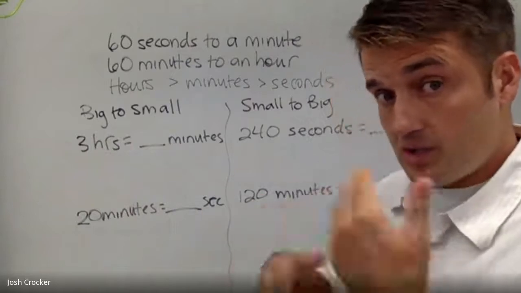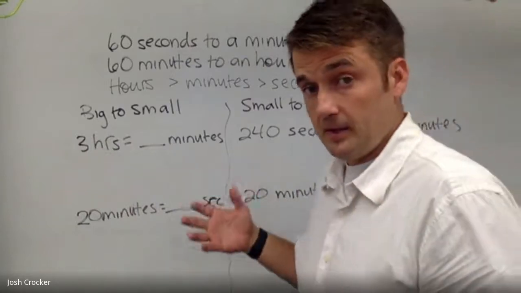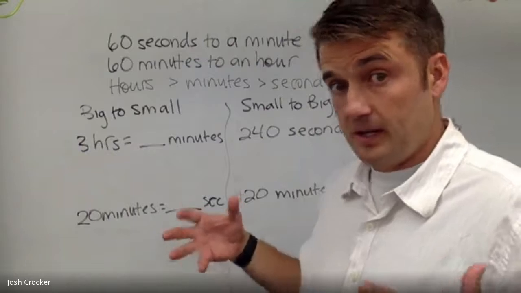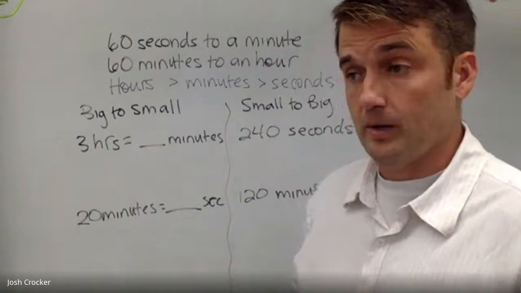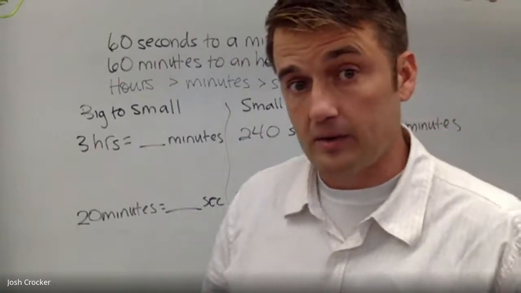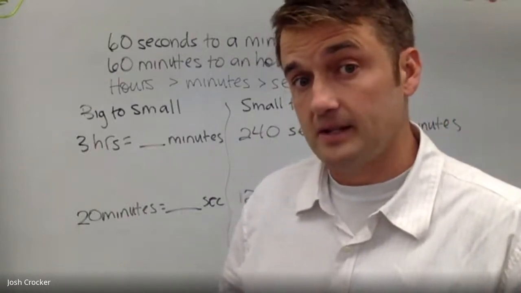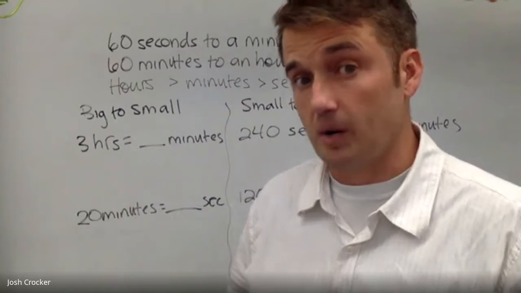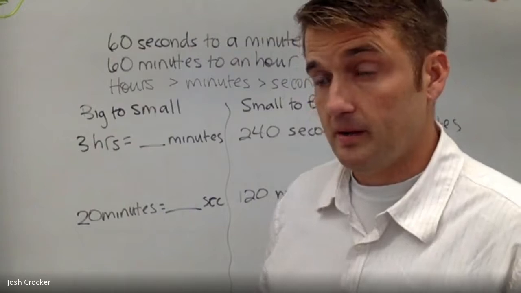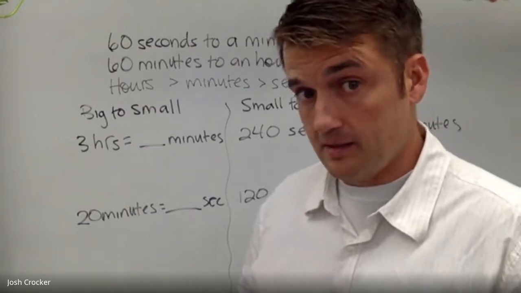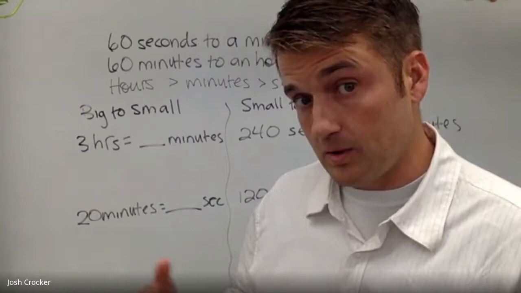The opposite is true when you go from small to big. If I take 100 pennies into a bank, I'm going to walk out with $1. My number got a lot smaller, and division does that. Division will make your number smaller. So when you're going from small to big, like seconds to minutes or minutes to hours, that's when you divide.